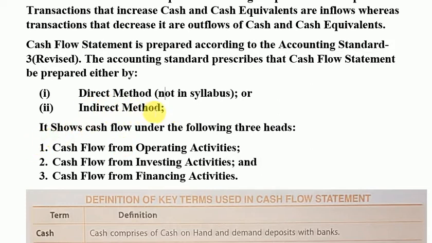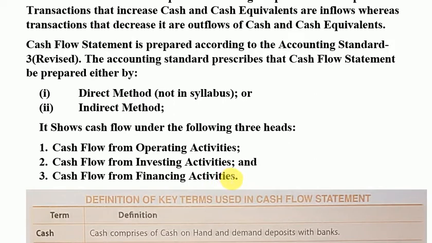So what are those three heads? Number one, cash flow from operating activities. An important word, operating activities. Number two, cash flow from investing activities. Another important word. And third, cash flow from financing activities.